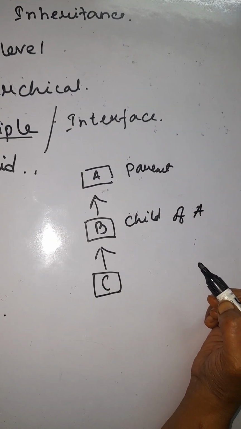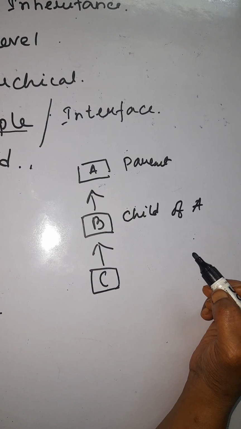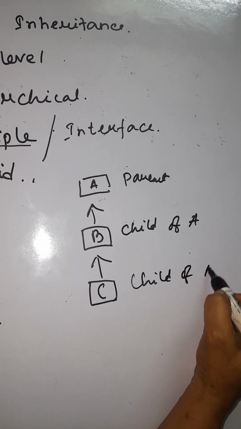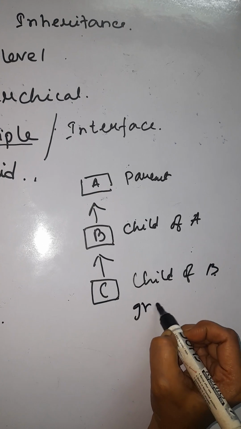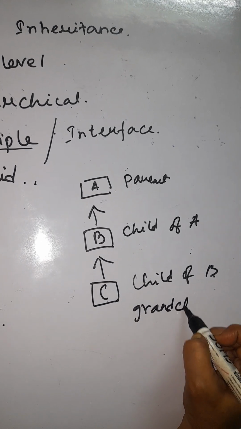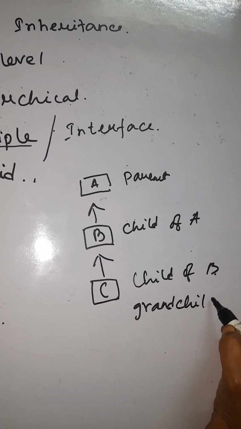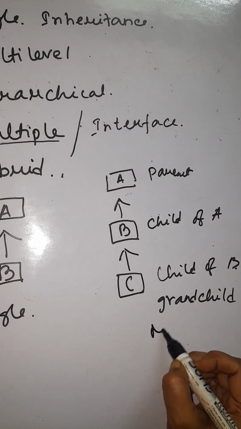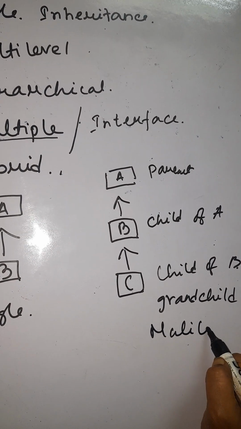This one is a child class of class A, and C is the child of class B or grandchild of class A. So this is known as multi-level.